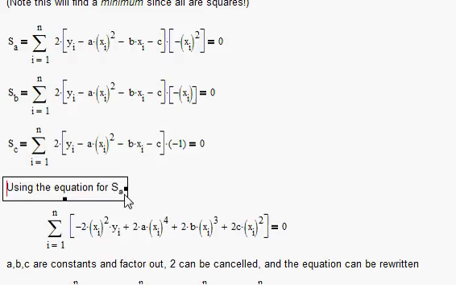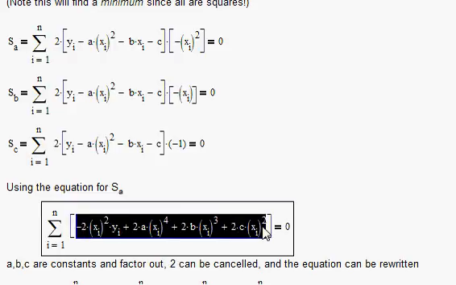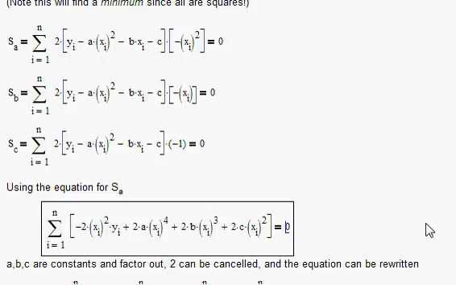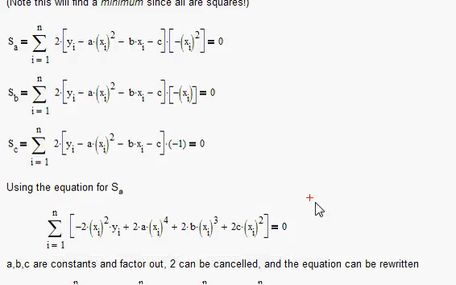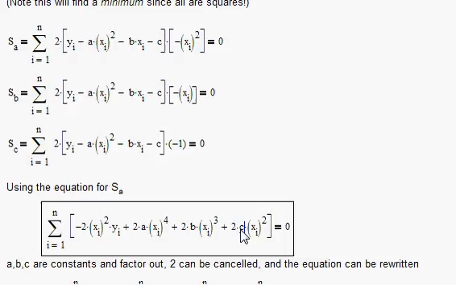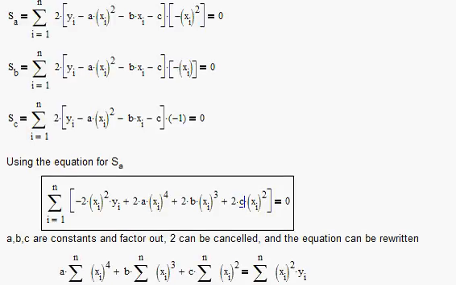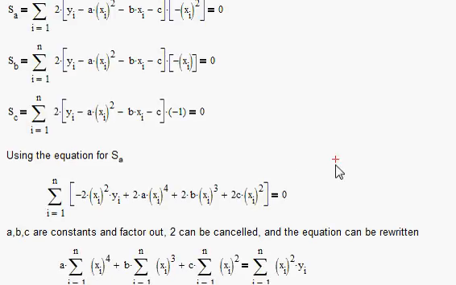Using this equation for S sub a, that's this one right here, we know that all this is equal to 0. The 2 can be canceled out of every term, and a, b, and c are the constants we're trying to find, and they can be factored out.